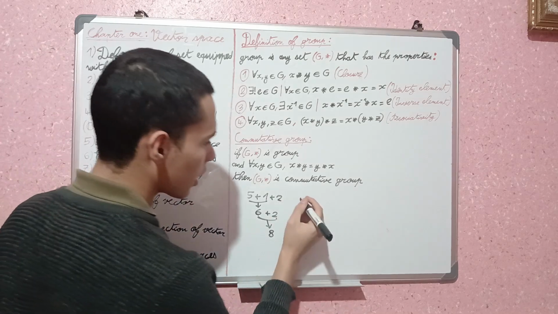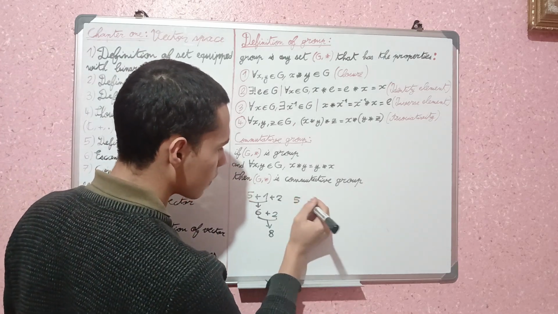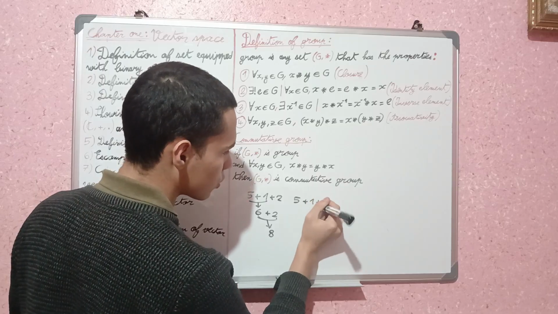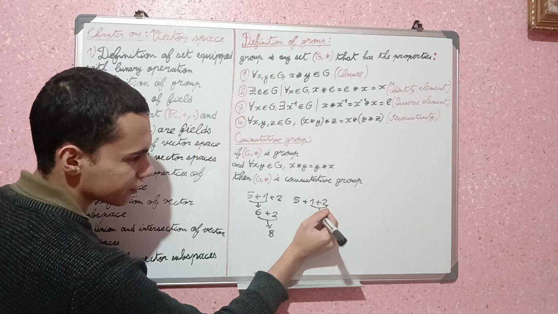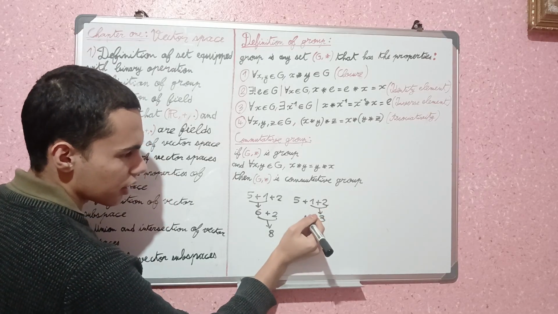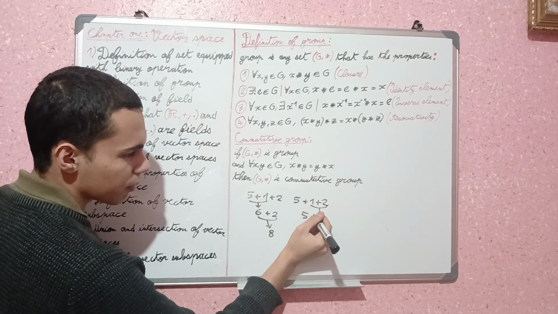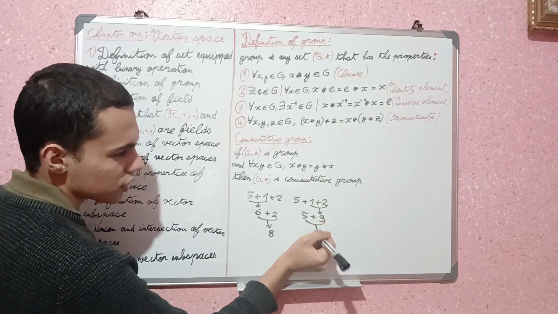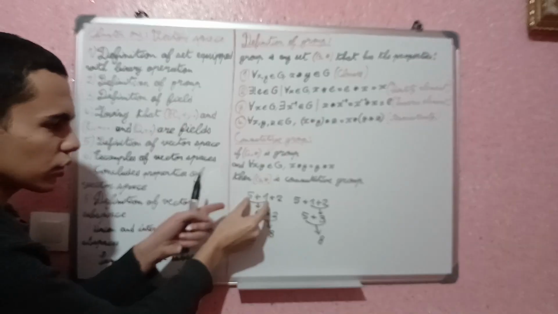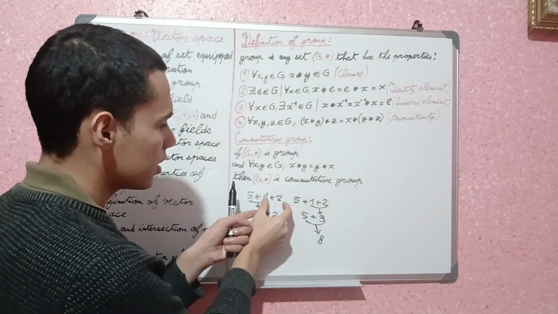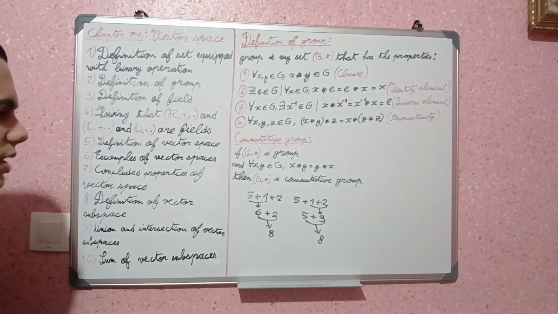Or, on the other hand, you have 5 plus 1 plus 2. If we do this, you get 3. Then 5 plus 3 gives you 8. So whether you begin with this or this, you will get the same result.